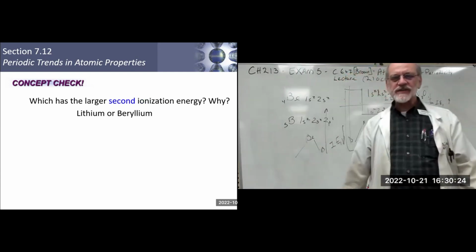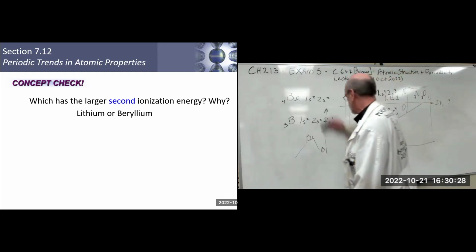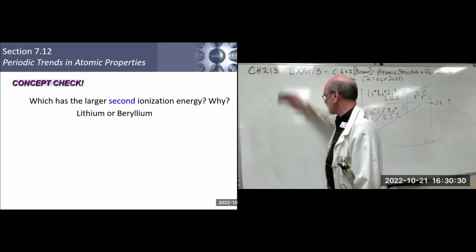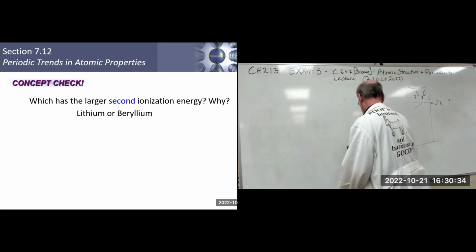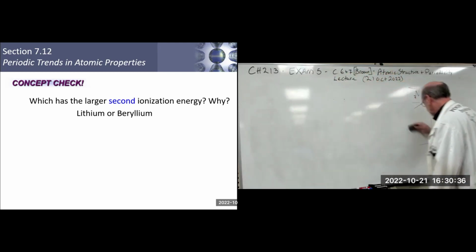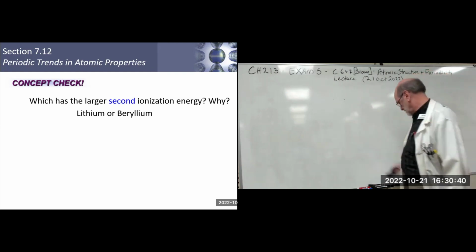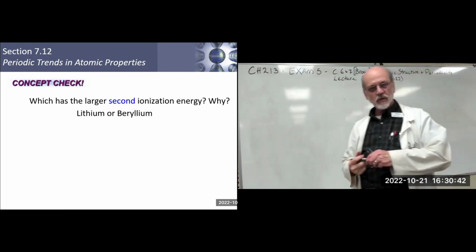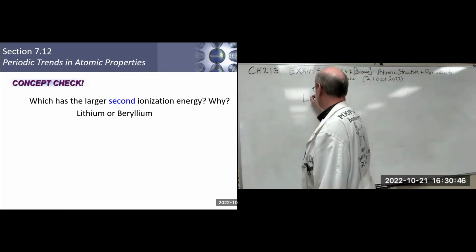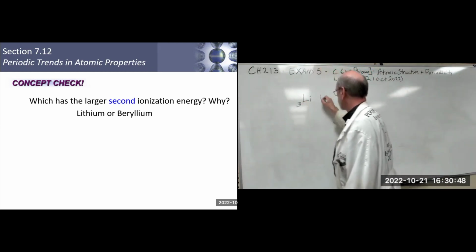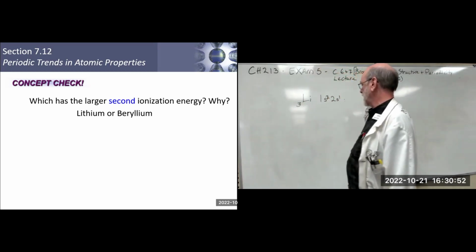Which has a larger second ionization energy? All right. So now we need to look at these structures a little more carefully to decide which one has the higher second ionization energy. Lithium is 3. So that's 1s2, 2s1, correct?